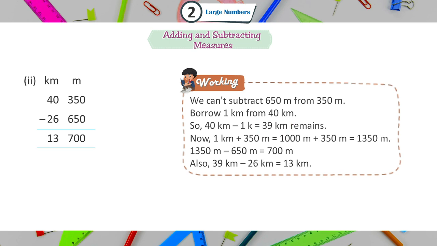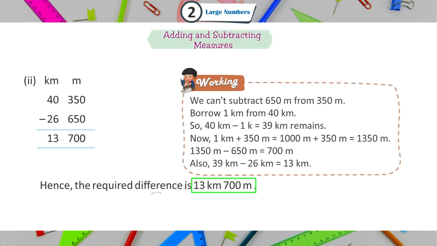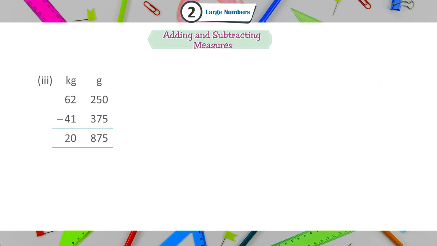Now 1 kilometer plus 350 meters is equal to 1000 meters plus 350 meters is equal to 1350 meters. 1350 meters minus 650 meters is equal to 700 meters. Also, 39 kilometers minus 26 kilometers is equal to 13 kilometers. Hence, the required difference is 13 kilometers and 700 meters.